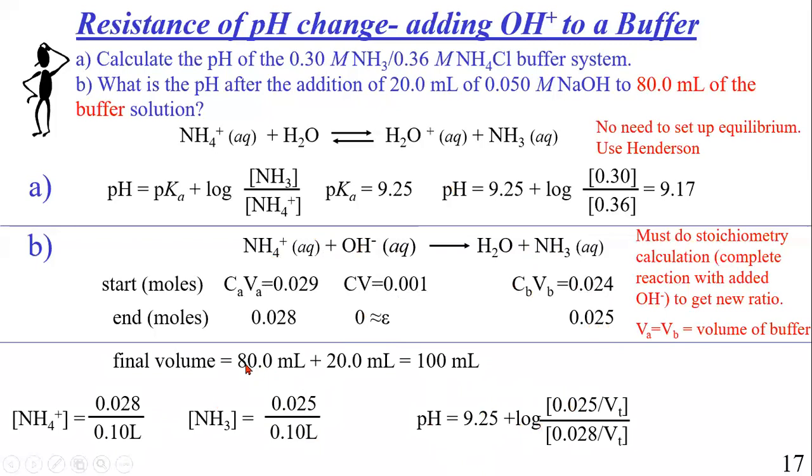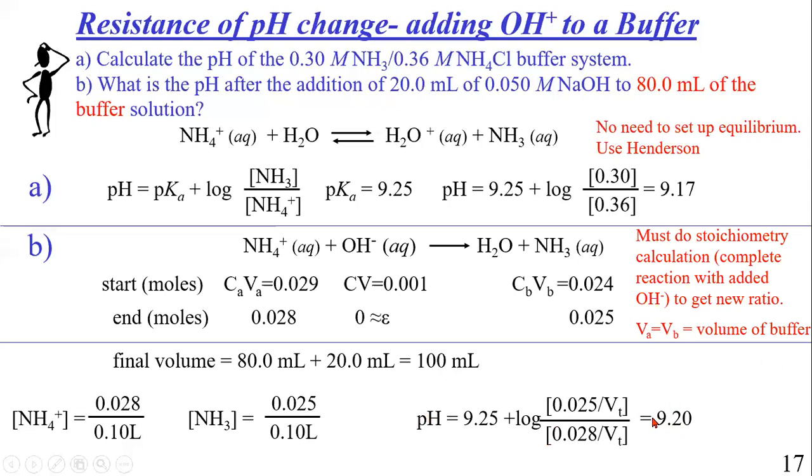Notice the total volume is 80 plus 20, which happens to be 100. Do I have to do that? No, guys, I don't. I simply take the number of moles that I got from this chart and divide it by the other moles, because V total is the same. So I don't really have to calculate the concentration. I'm just showing it to you here so you see it.